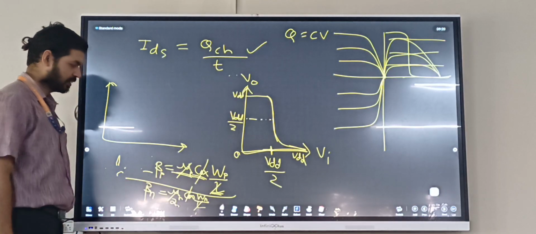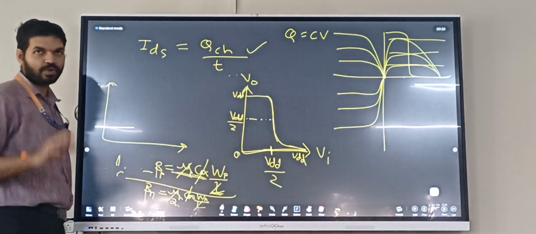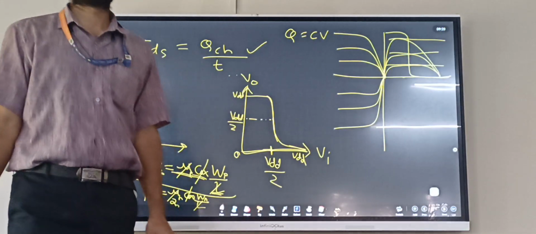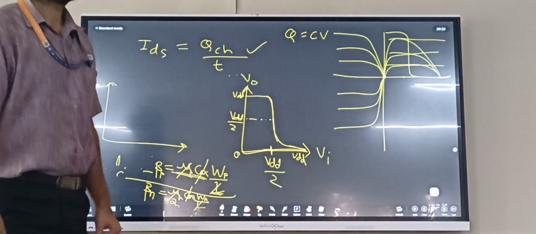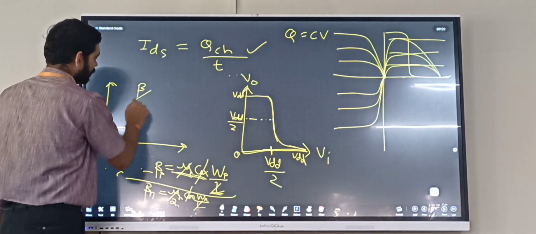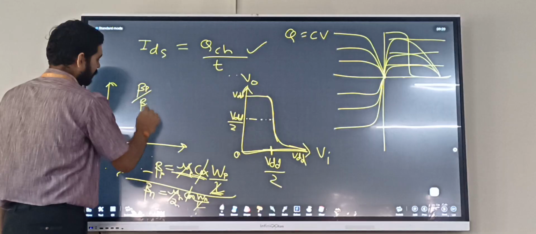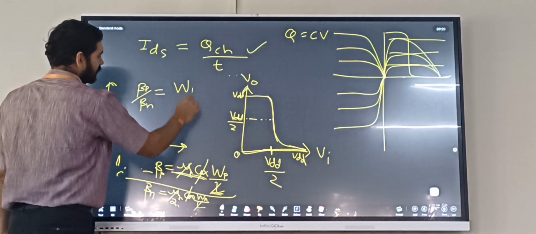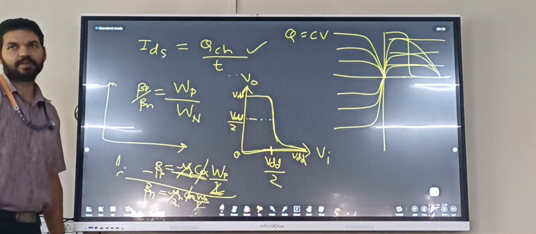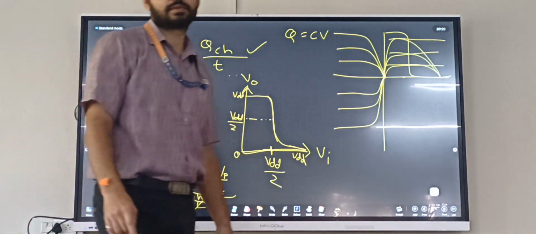Like this. So the constant terms cancel. So I am left with beta P by beta N, which actually indicates width of the PMOS and width of the NMOS.